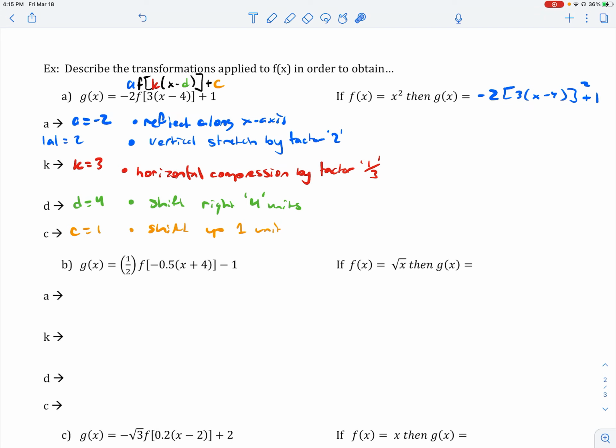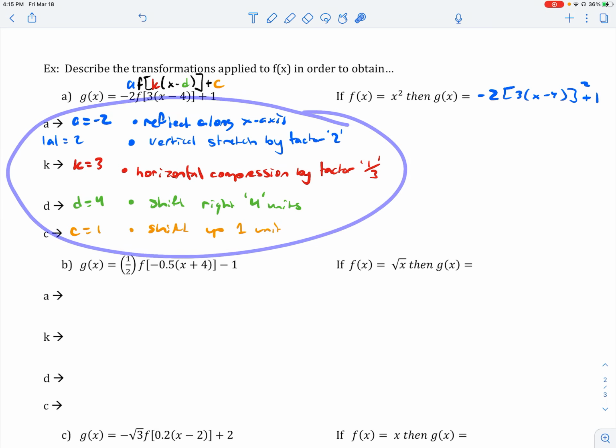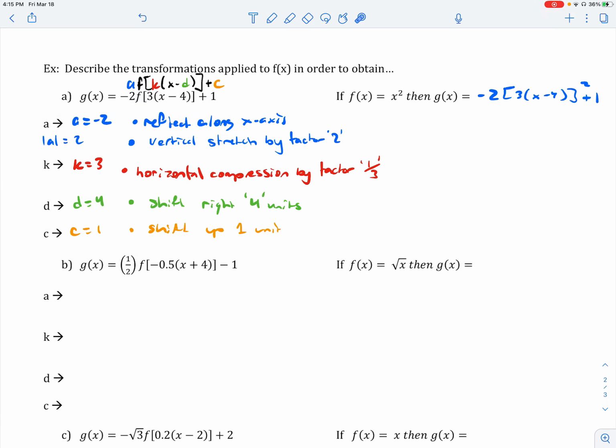I could actually put this in Desmos and graph it. This one I can't directly put into Desmos. I'd have to also say what f of x is, right? So this is the actual equation, and this is the transformations in words. If you can do that, then you can really do any of these other questions.